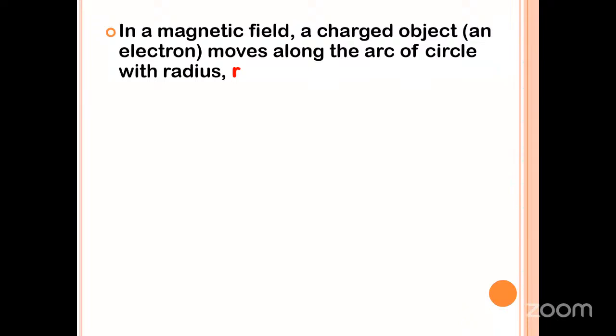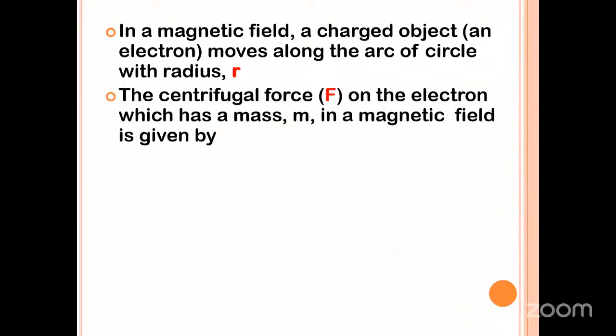Now, there is a third force. We have talked about the electric field force and the magnetic field force. A third force that is also very crucial is the centrifugal force. Because in the magnetic field, the object moves along a circular arc, and the arc has a radius r. So the centrifugal force on a charged object which has a mass m in a magnetic field is given by mv squared over r.